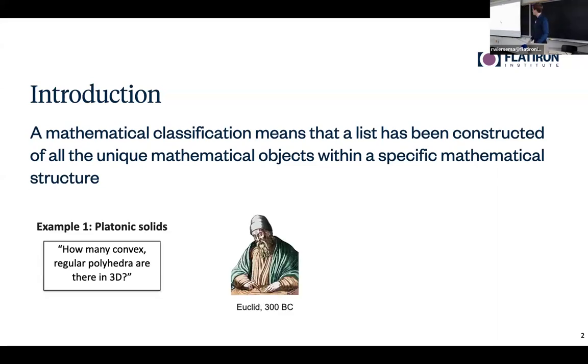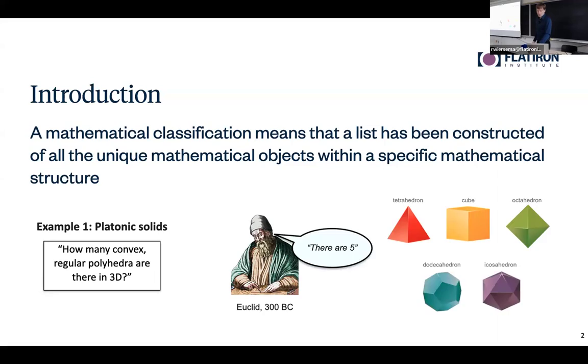As a very simple example, we have this type of classification, which was studied by Euclid in 300 BC, and he asked the question, how many convex regular polyhedra are there in 3 dimensions? Back then, he was able to give a conclusive mathematical proof that still holds up today, and he concluded that there can only be 5.